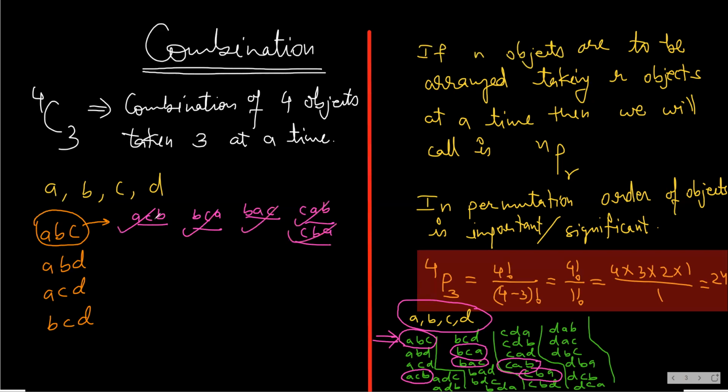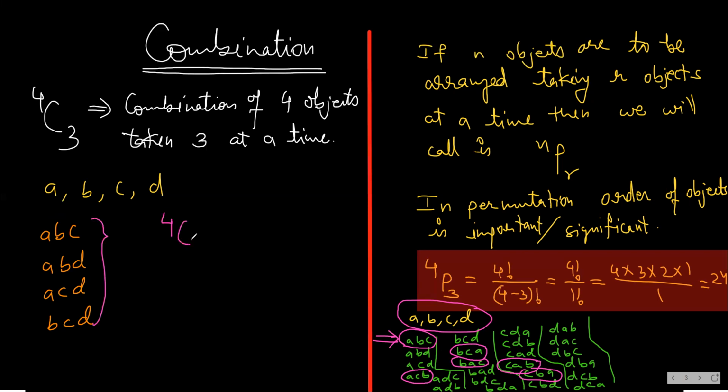But in combination, they are not important. Why? Because in combination, we are only selecting the objects. We are not arranging. It is only the selection. So I had got 24, 6 fours are 24, but here I have only 4 such arrangements. So 4C3 is equal to 4.